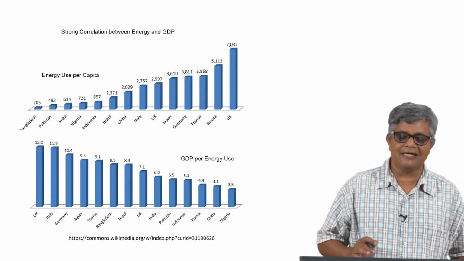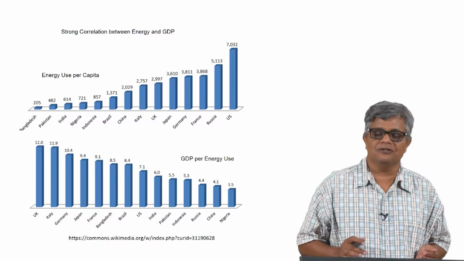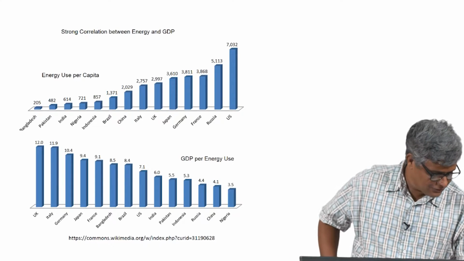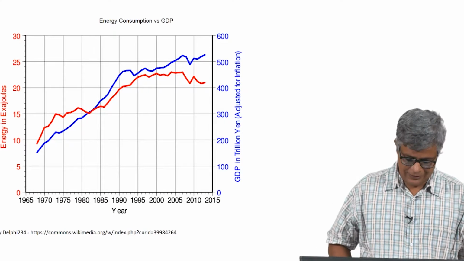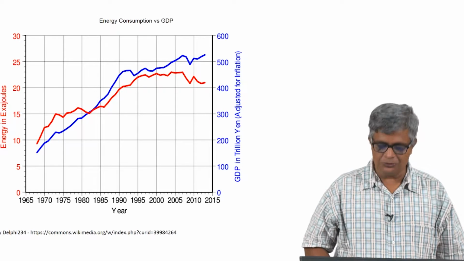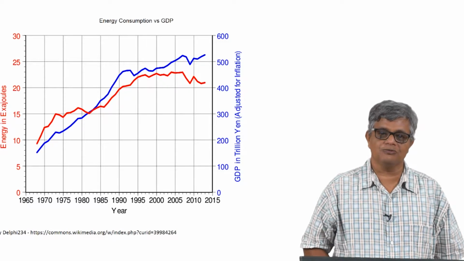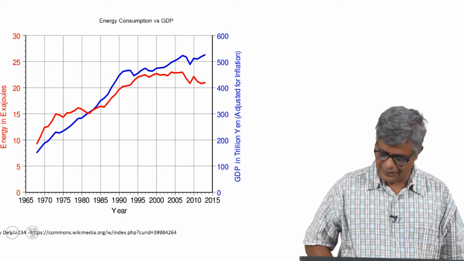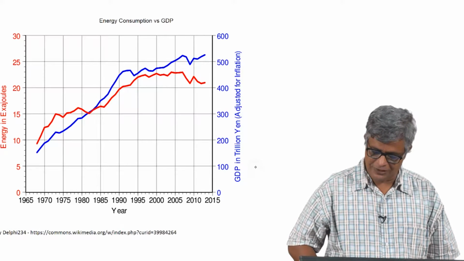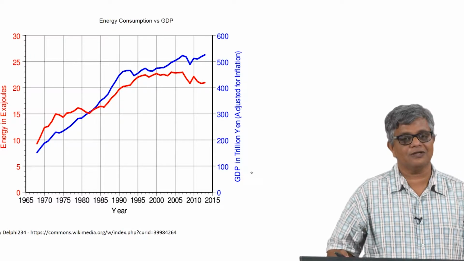This particular linkage between energy consumption and the GDP also comes out in different figures. This is one particular figure spread from 1965 to 2015, so almost 50 years of data, with energy usage in exajoules and GDP in trillion yen adjusted for inflation.